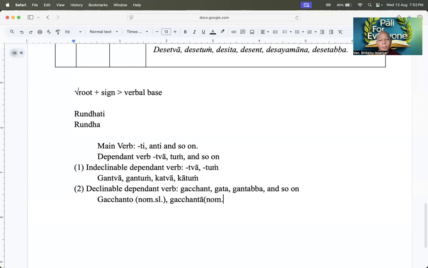Gachan do, gachan da is the nominative case, plural form. Also gachan dan, and then gachan di is the accusative case plural. And here is the accusative case singular. In this way we will use them. They are declinable actually.